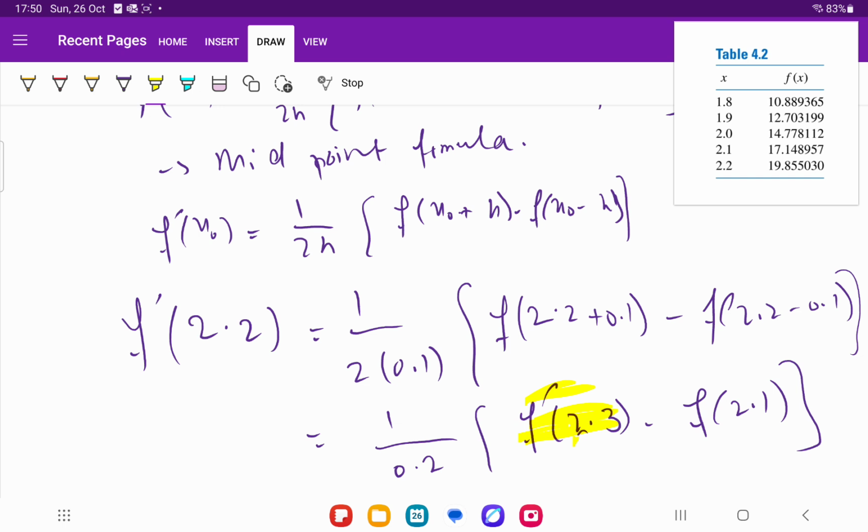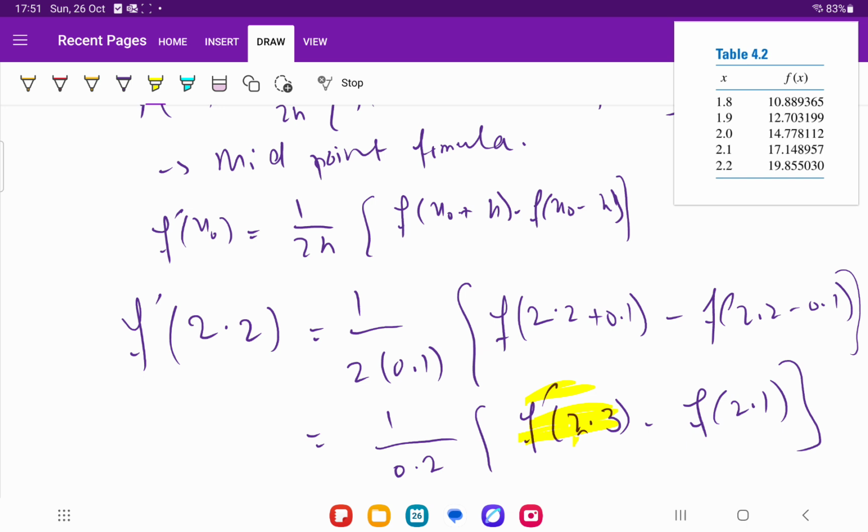It can be applied at any value after the first value and before the last value. For example, the midpoint formula is very good to apply at 1.9, at 2, at 2.1. As soon as you reach the last value, don't apply the midpoint formula.